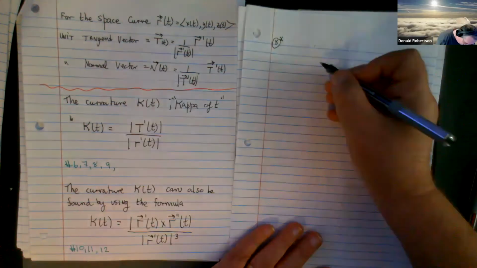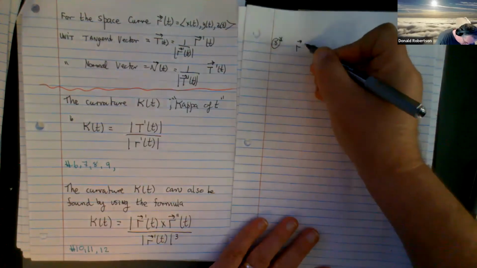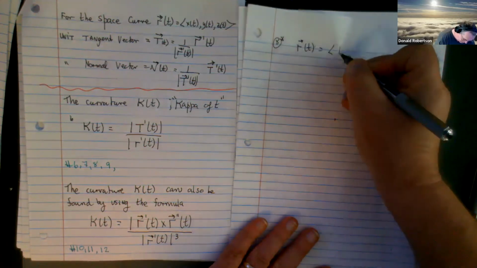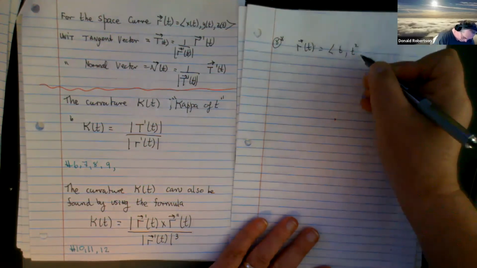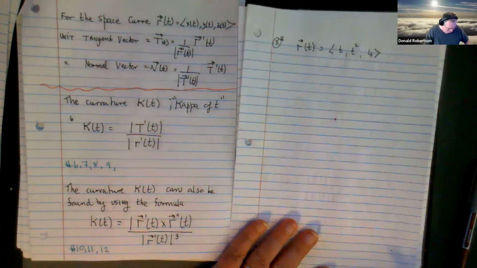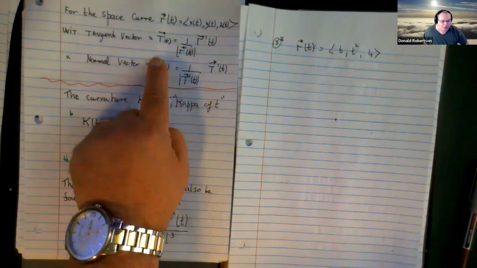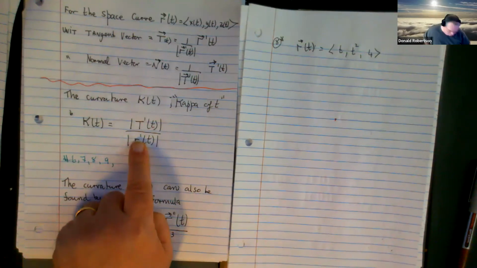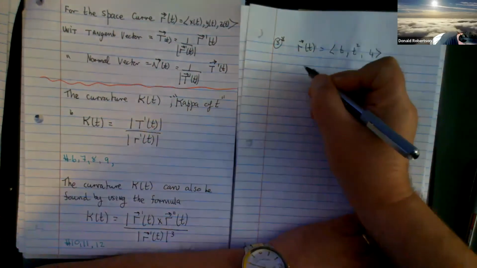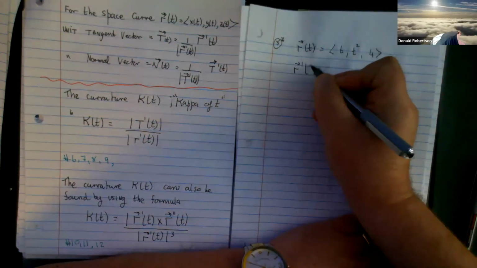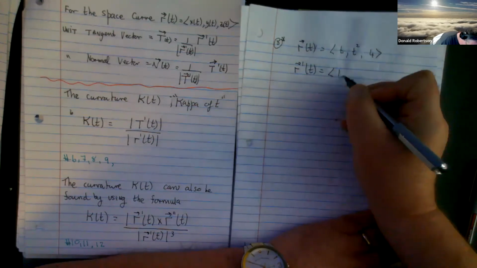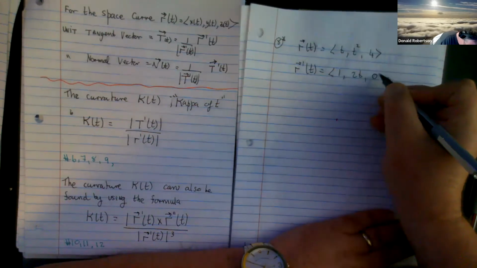In question 8, the space curve is t, t squared and 4. And we are going to find unit tangent, unit normal, and curvature, right? That's the 3 things we're going to do. So I will find its derivative, which is 1, 2t, and 0.